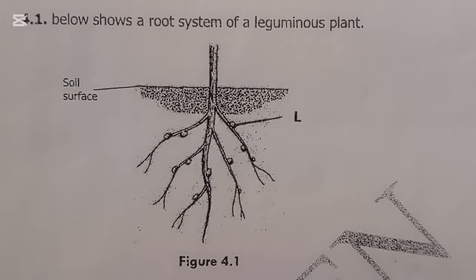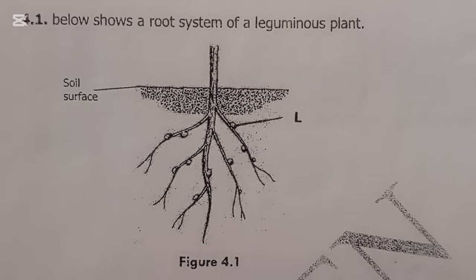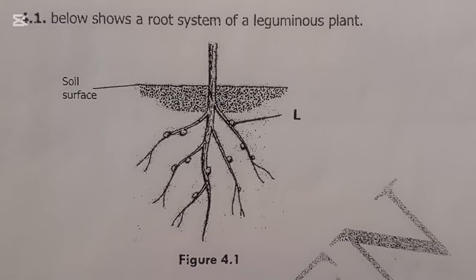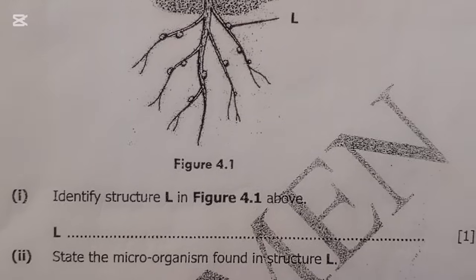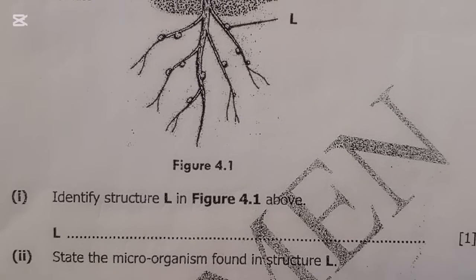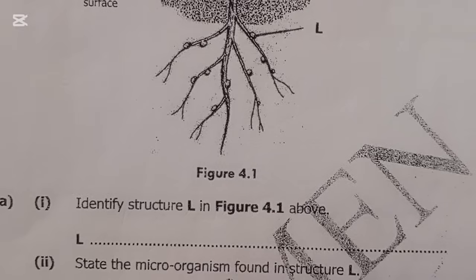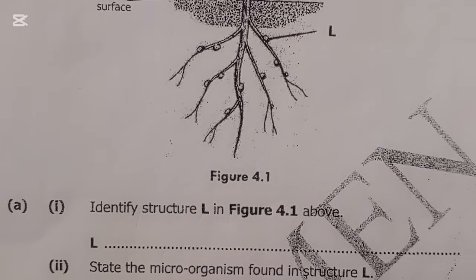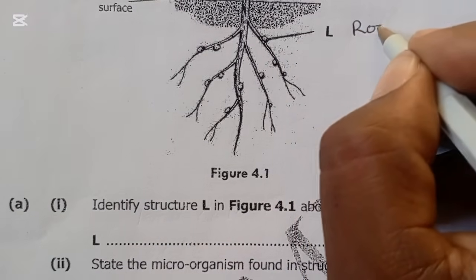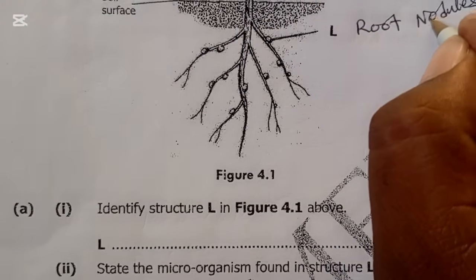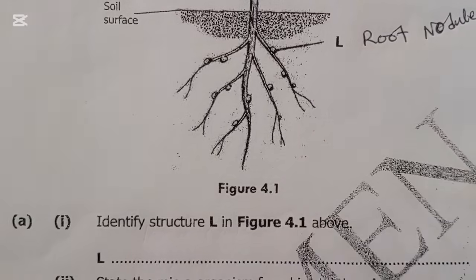Number 4, figure 4.1 shows a root system of a leguminous plant. So this is the plant that we have. A1, identify structure L in figure 4.1 above. This is what we call root nodules.